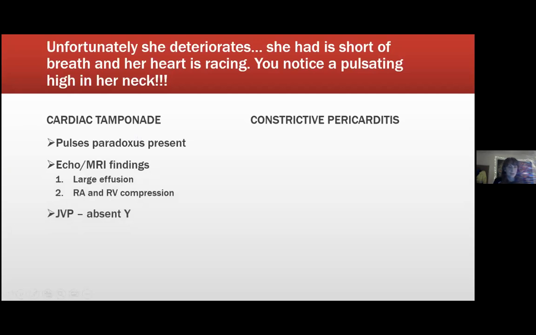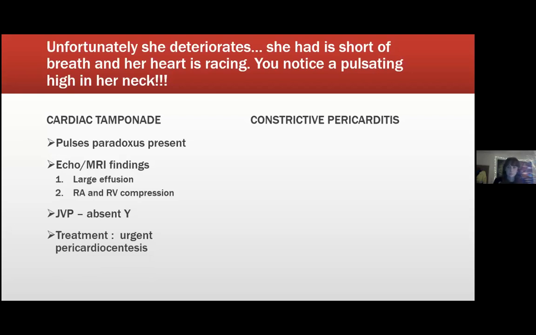And looking at the JVP wave, I think this is very much exam knowledge, but there's an absent Y wave in cardiac tamponade. It's a question past medicine loves, so I thought I'd include it, and I've included a picture of the JVP wave on the next slide, so we'll go over that then. And the treatment is urgent pericardiocentesis, so you're basically sticking a needle into the pericardium to drain the fluid, and that's what's going to resolve her symptoms.